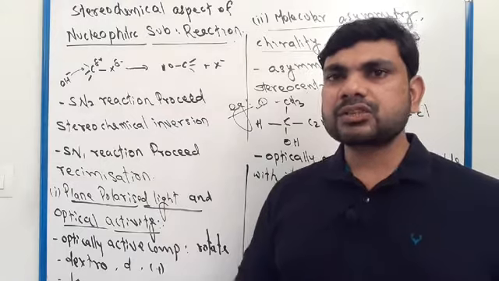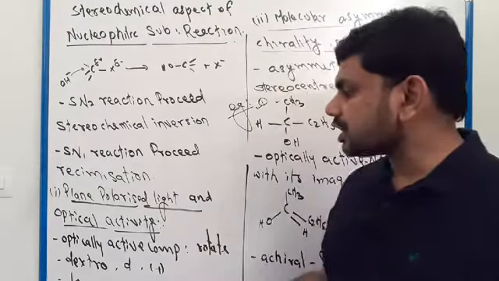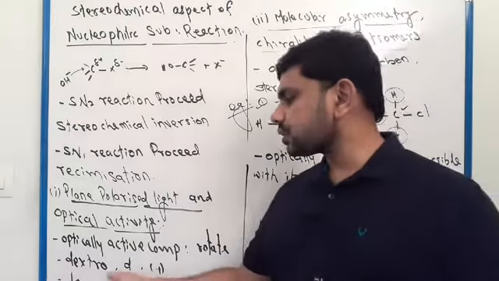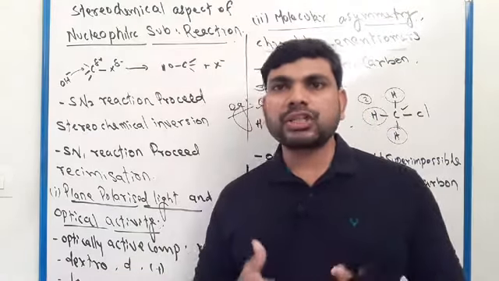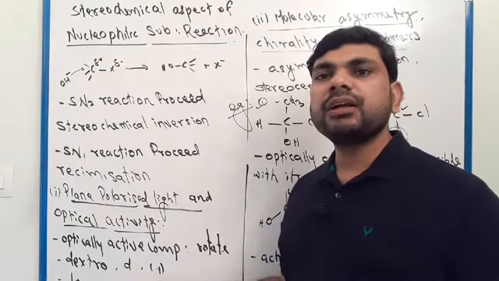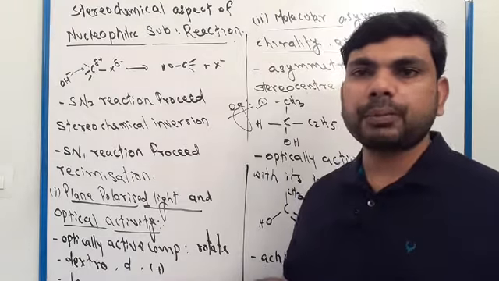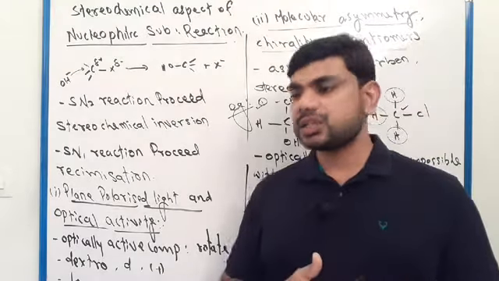If the substance rotates plane polarized light in the clockwise direction, such compounds are called dextrorotatory compounds, or we can say D isomer, or we represent it as positive isomer, plus isomer.